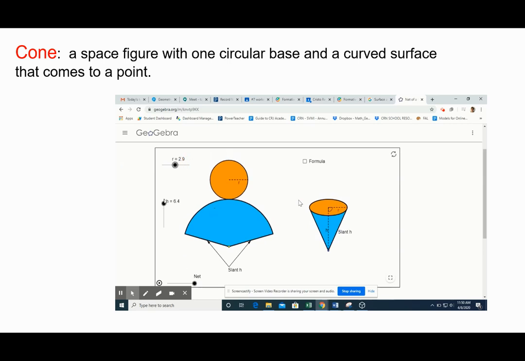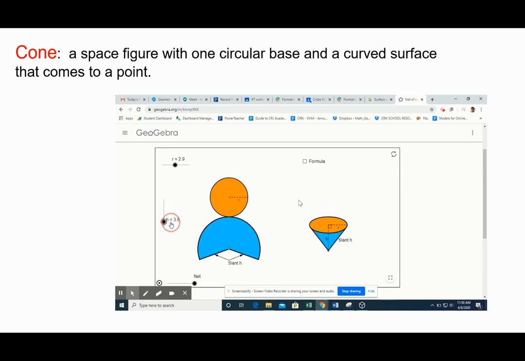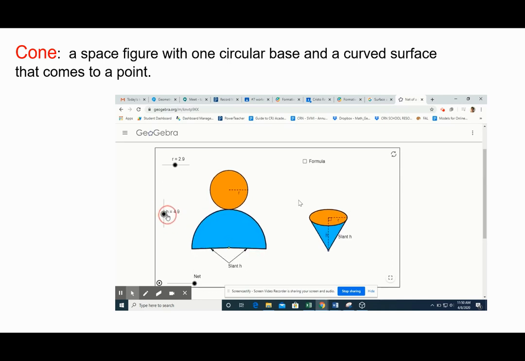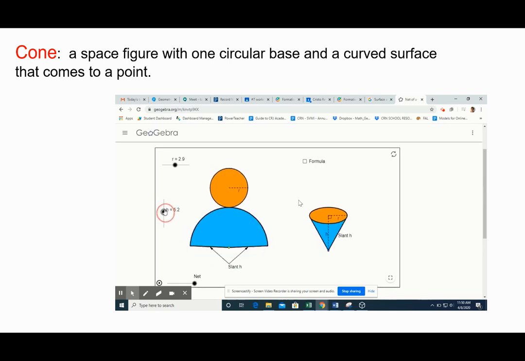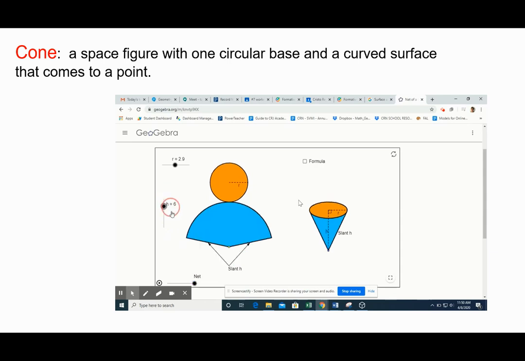But notice what happens when we change the height. It changes our value on what we have in our height with our sections. This is a really nice part in here. So what we're looking at here is our cone.